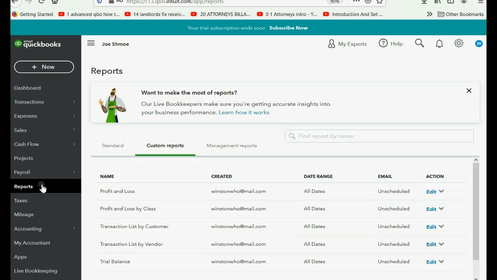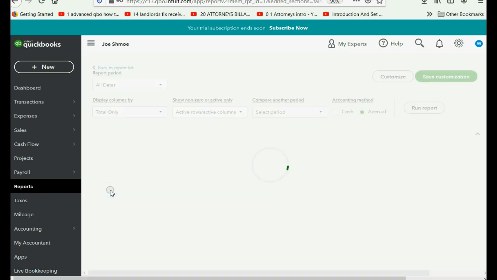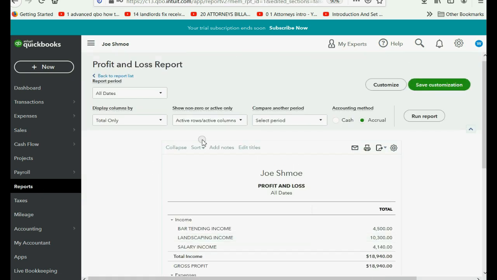If you click Reports, Profit and Loss, you will see that I changed the salary income to the net amount by deleting the 3 deposits that we did in the prior video and putting in only the net amount of the deposit into salary income.